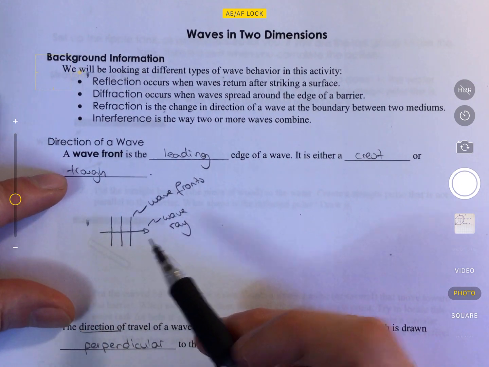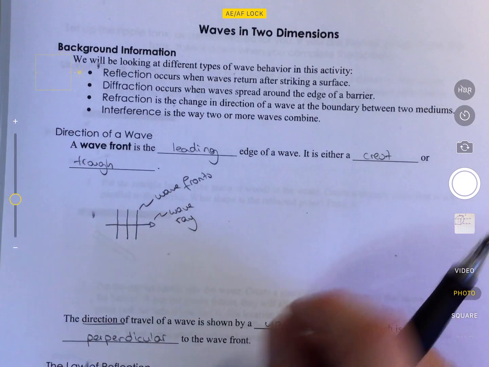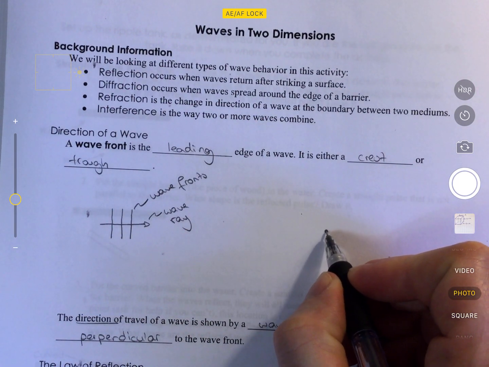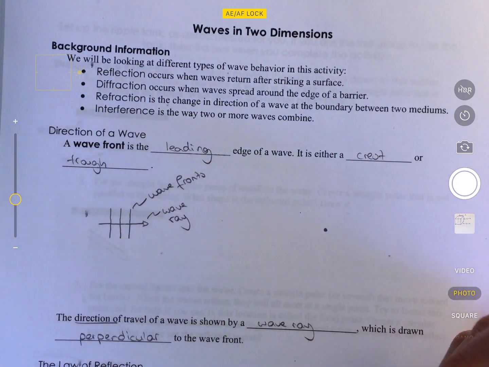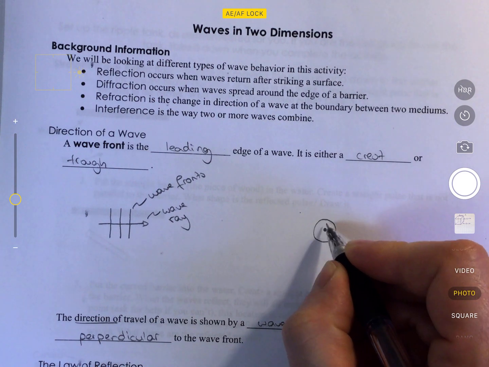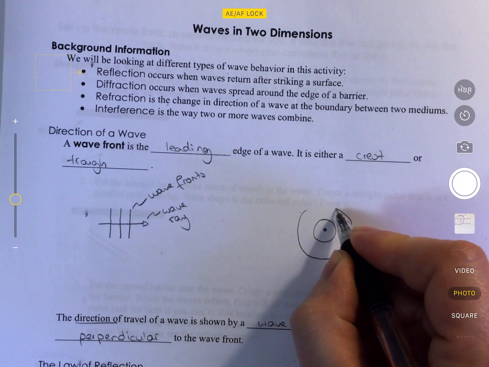So we have a solid piece of wood, for example, and we generate some waves in water. This is one of them. Or when you take your finger and you just dip it into water, you're creating circular waves. So they kind of look like this. This would be one wave front. Here's another wave front.